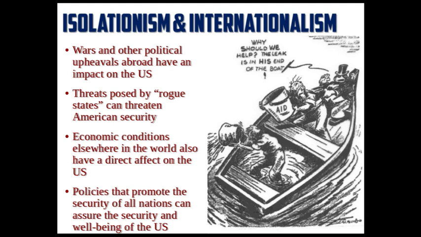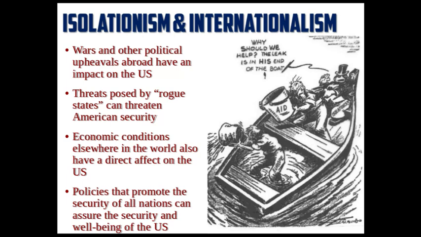Wars and other political upheavals abroad have an impact on the U.S. When we say abroad, you guys probably know this, but we're just meaning across the ocean. Threats posed by rogue states can threaten American security. Again, that's not states as in Georgia, Alabama, Florida.